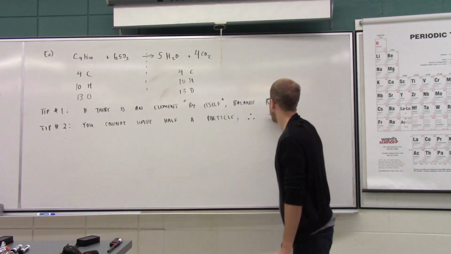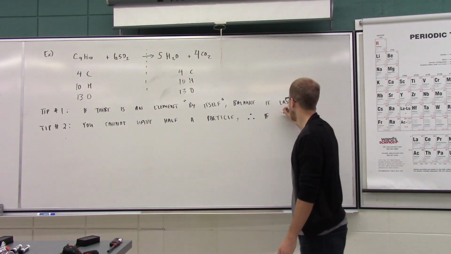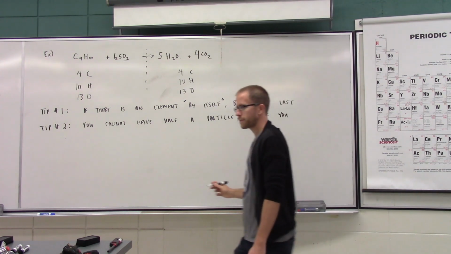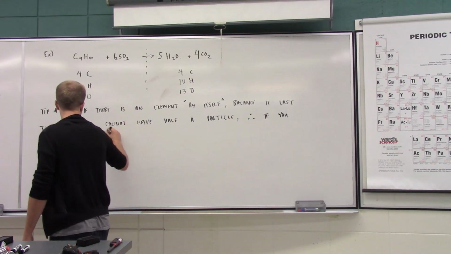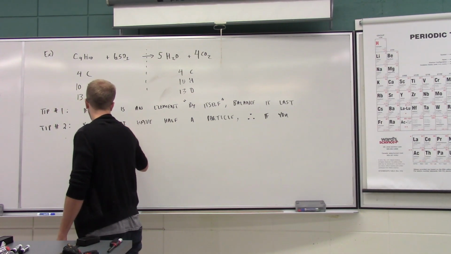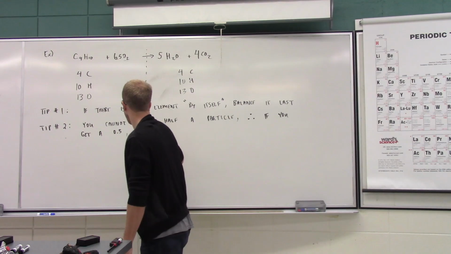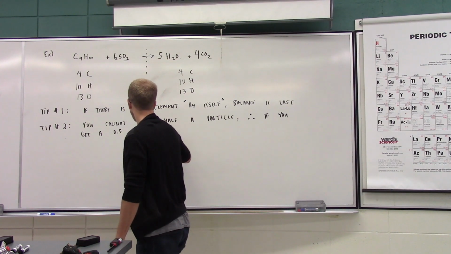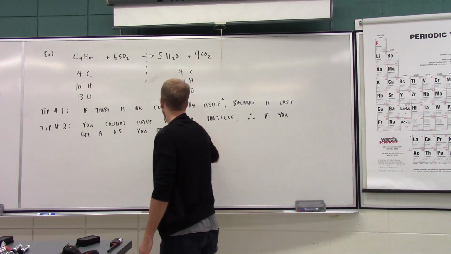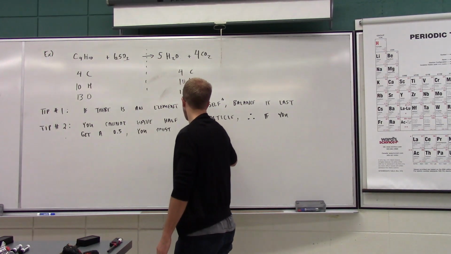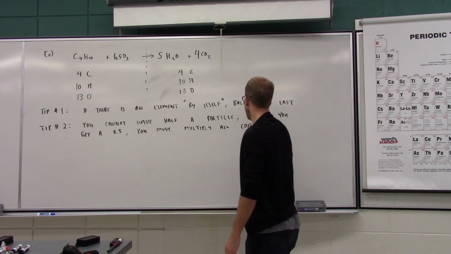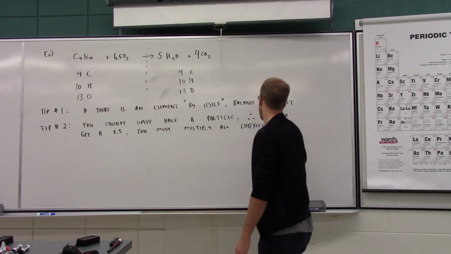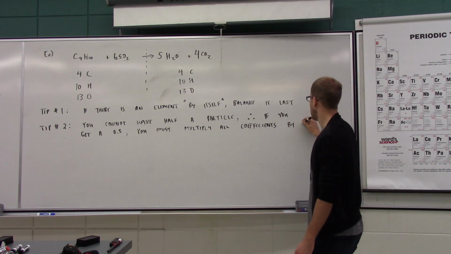Therefore, if you get a 0.5, you must multiply all coefficients by 2.